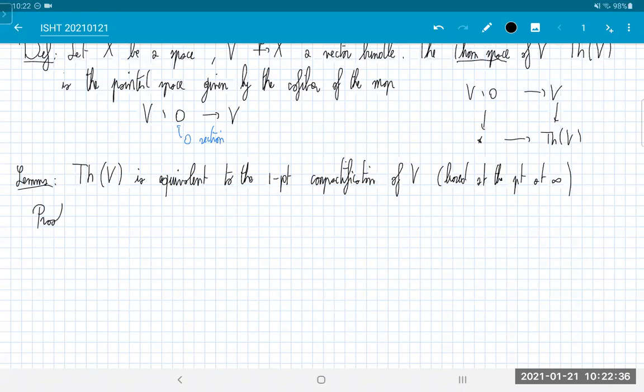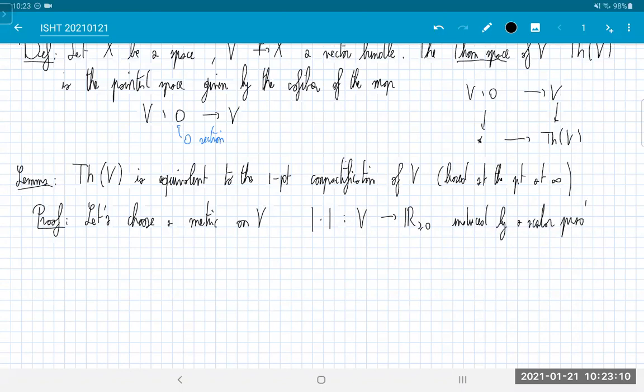So proof. Since I don't want to do it canonically and I don't particularly care about doing canonically, let's choose a metric on V, by which I mean it's just a map from V to the positive real numbers, which is a norm, induced by a scalar product on each fiber.